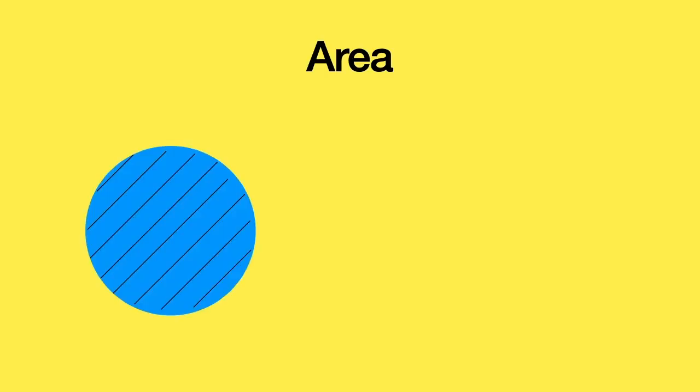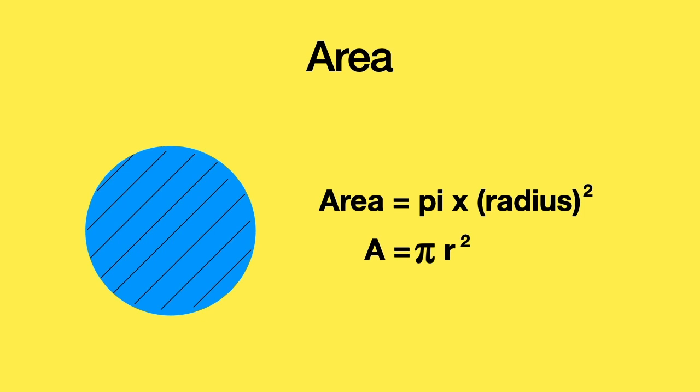So then just before we finish, the other formula that we also know is how to find the area of a circle using pi. So the area is the squared amount inside that circle, and the formula for that is going to be area is equal to pi times the radius squared, or if you like, A equals pi r squared.